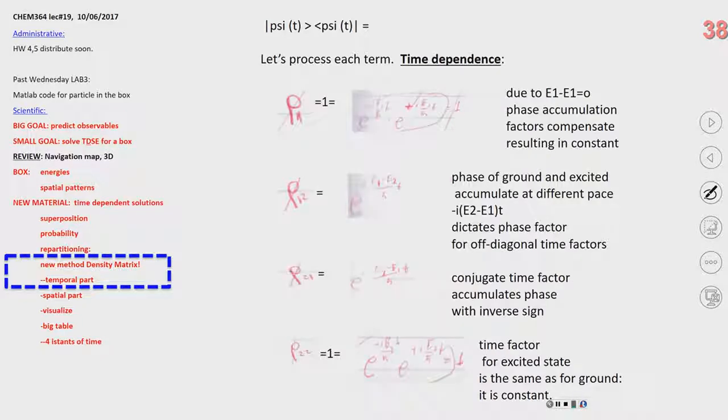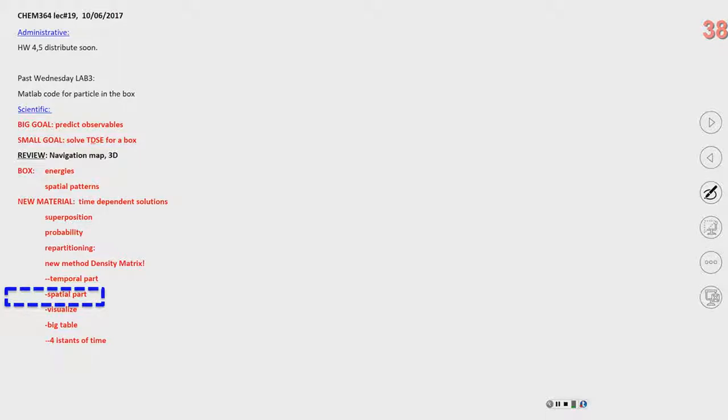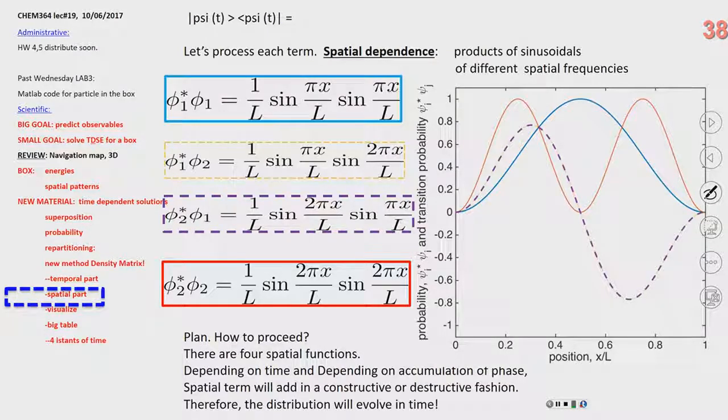What's next? We already covered it. For coinciding indices, no evolution. For non-coinciding indices, the difference of energies dictates the progression forward in time. For the space, well, we spent 38 minutes, but when we were in the lab, probably it took 3 minutes to this point.